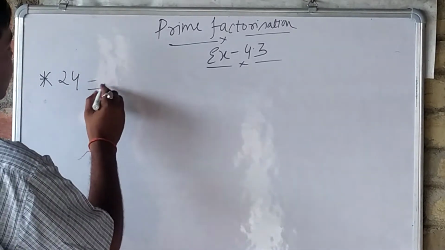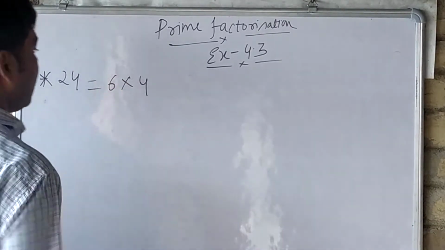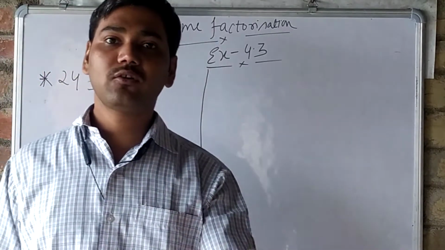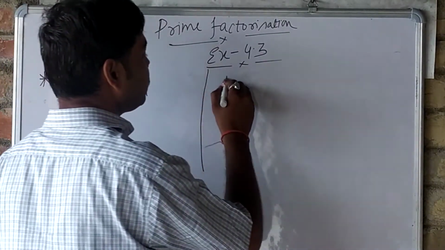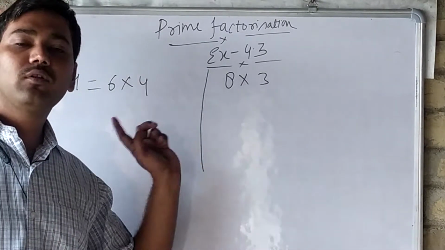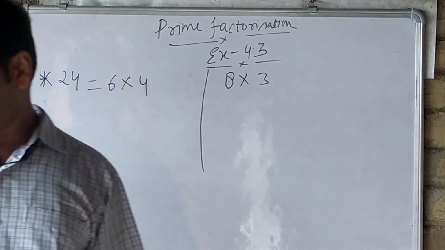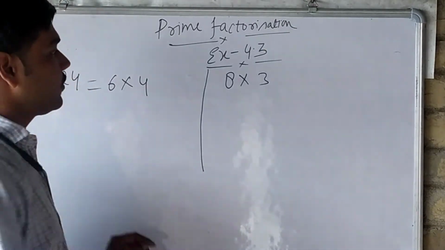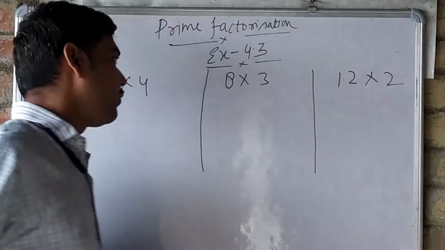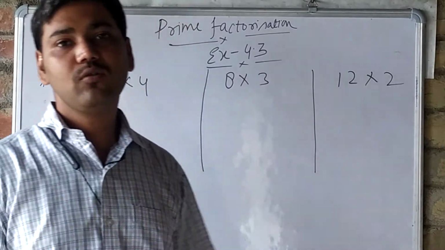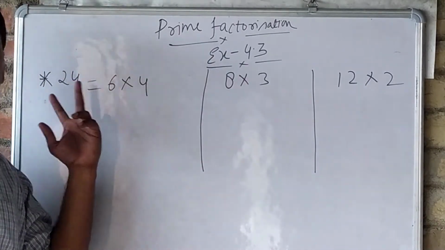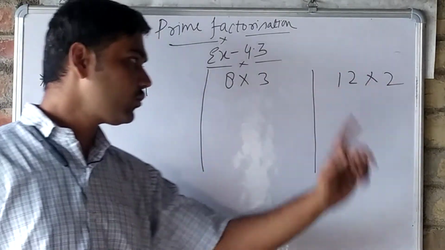And we can divide it into two more values: 8 threes are 24 also. 8 into 3 will also give us 24. And one more we have, 12 twos are 24. So these three pairs give us 24 when multiplied: 6 fours, 8 threes, 12 twos.